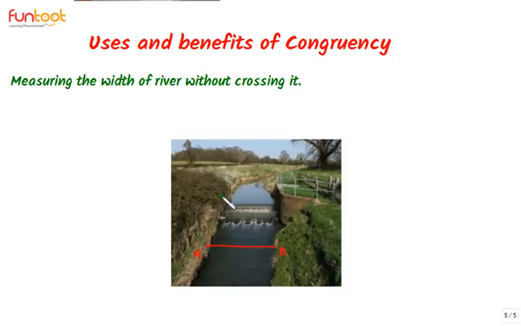We will mark any point M here on the left side only, join points M and A, and mark its midpoint as point O. From point M, start moving in a perpendicular direction to AM. So we will move in this direction.